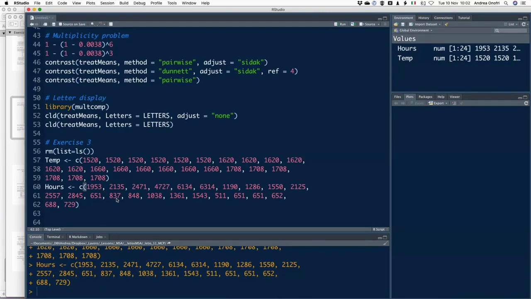So as long as you proceed, you can go ahead by yourself. So what do you have to do? You have to fit an ANOVA model and check the model. If it's necessary, you have to transform. And finally, you have to compare all temperatures.